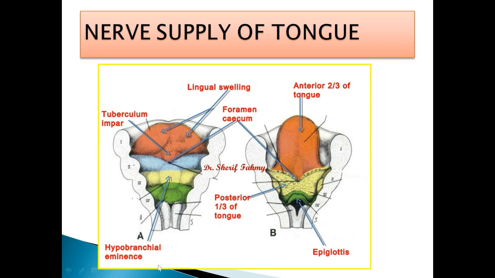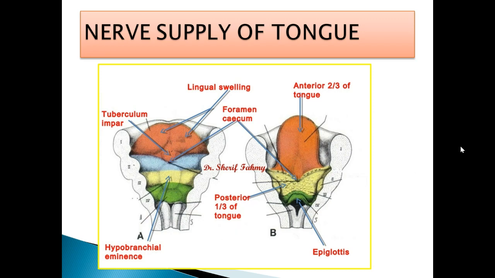Again we have to see the same image to understand the development of the tongue and the nerve supply of the tongue. For the anterior two-thirds of the tongue, the general sensation nerve is the lingual nerve and the taste sensation is the chorda tympani nerve.